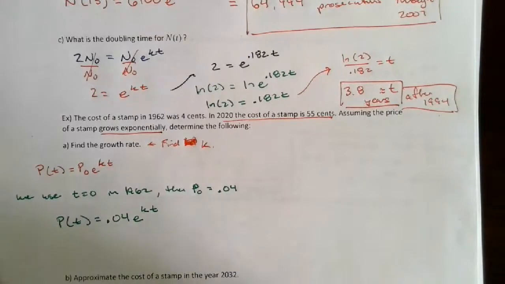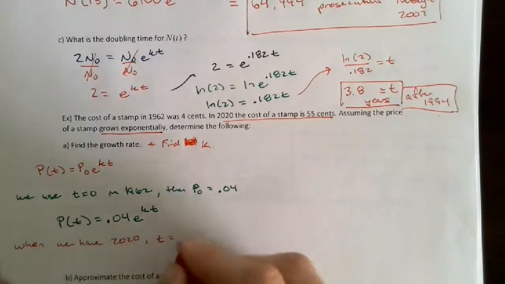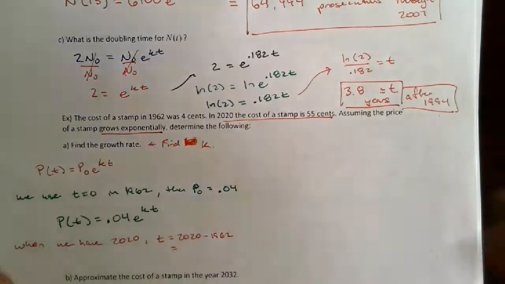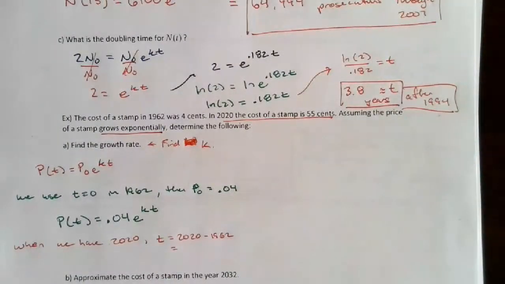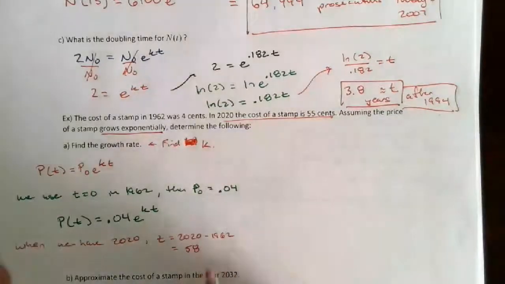For 2020, t equals 2020 minus 1962, which I get is 58, so that's 58 years. So at 58 years, the cost was 0.55.